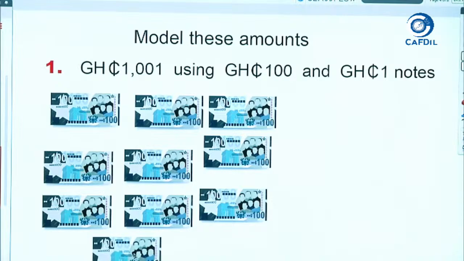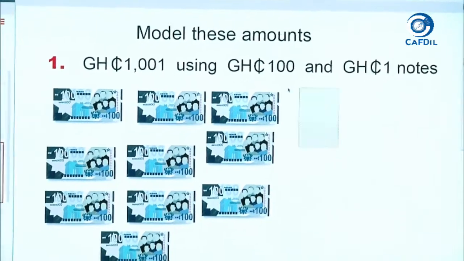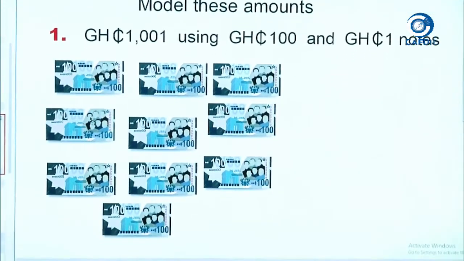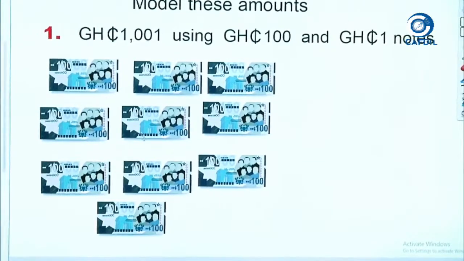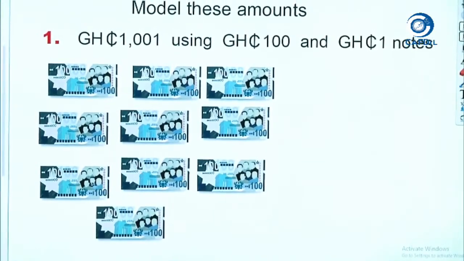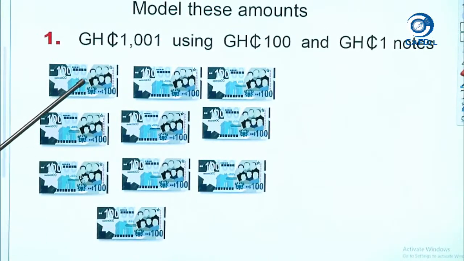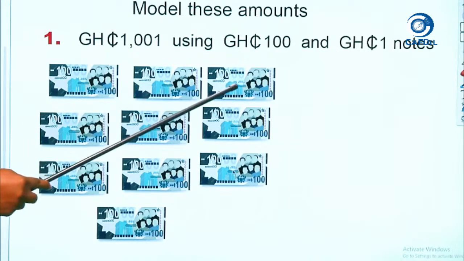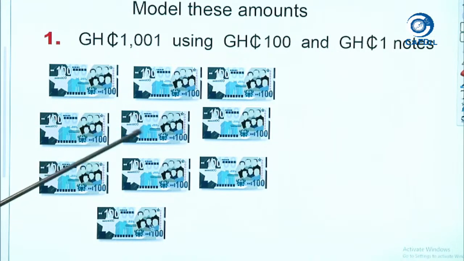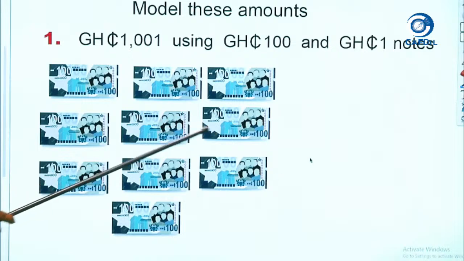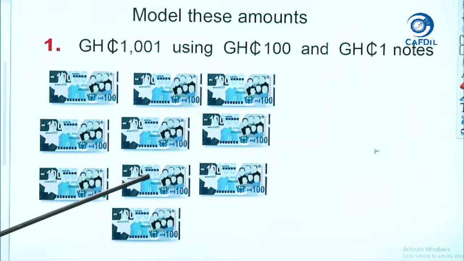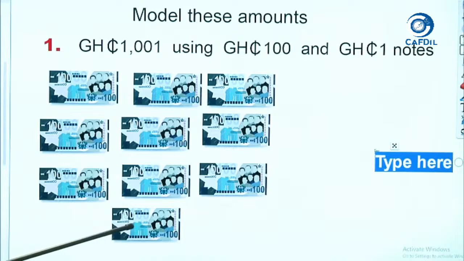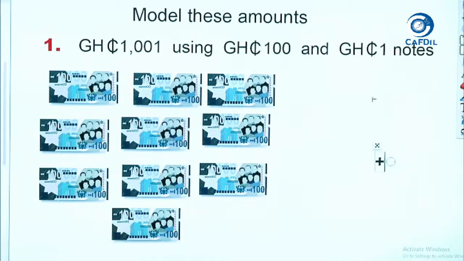So when you are doing yours, you arrange them nicely, okay? All right, learners, I have my 10 of the 100 cedis notes here. Can you see them? Yes. So we have 1, 2, 3, 4, 5, 6, 7, 8, 9, and 10. So here I have 1,000 cedis.